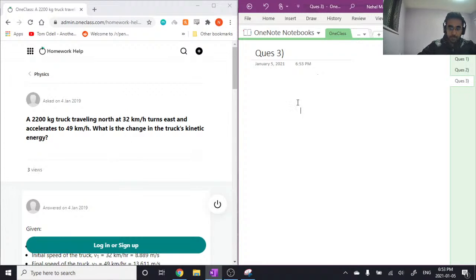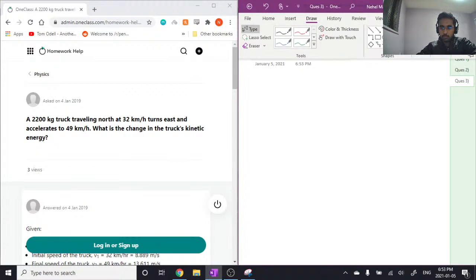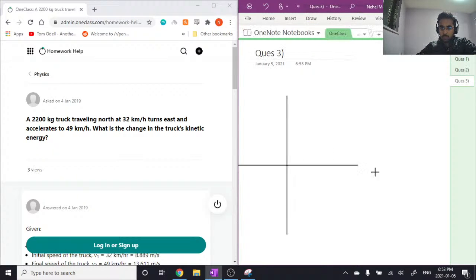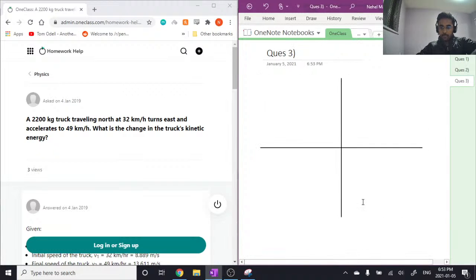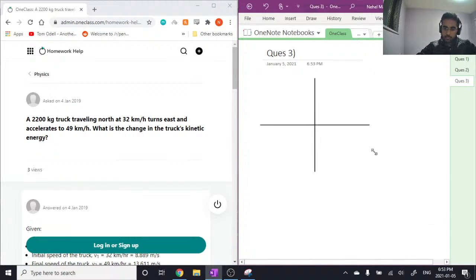Okay, so we have a truck. We have north, south, east, west.